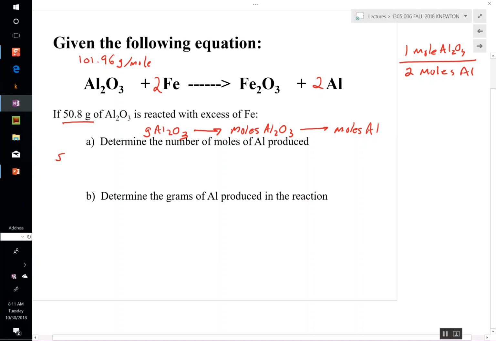That there is 50.8 grams of aluminum oxide reacting. And where we want to go here is moles of aluminum. So that's the path I've laid out. We're going to convert the grams of aluminum oxide to moles of aluminum oxide and then get 2 moles of aluminum.